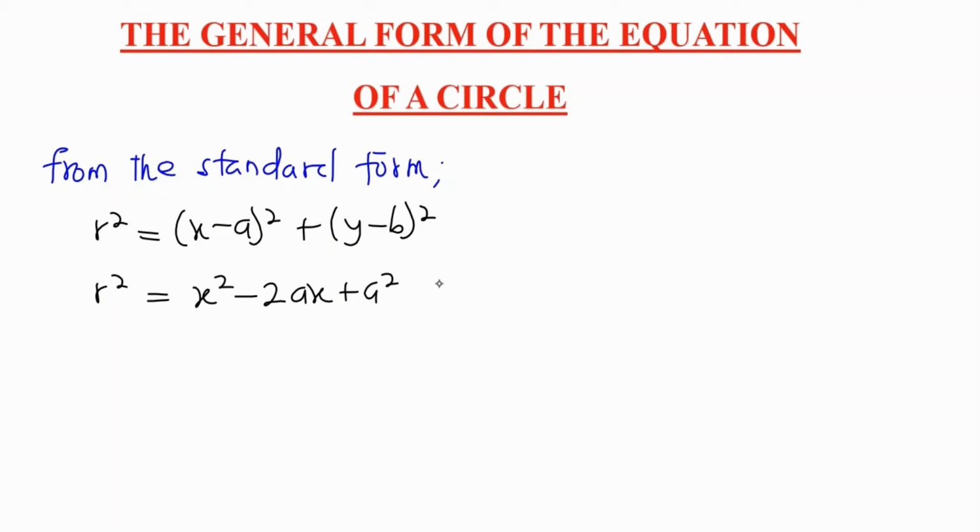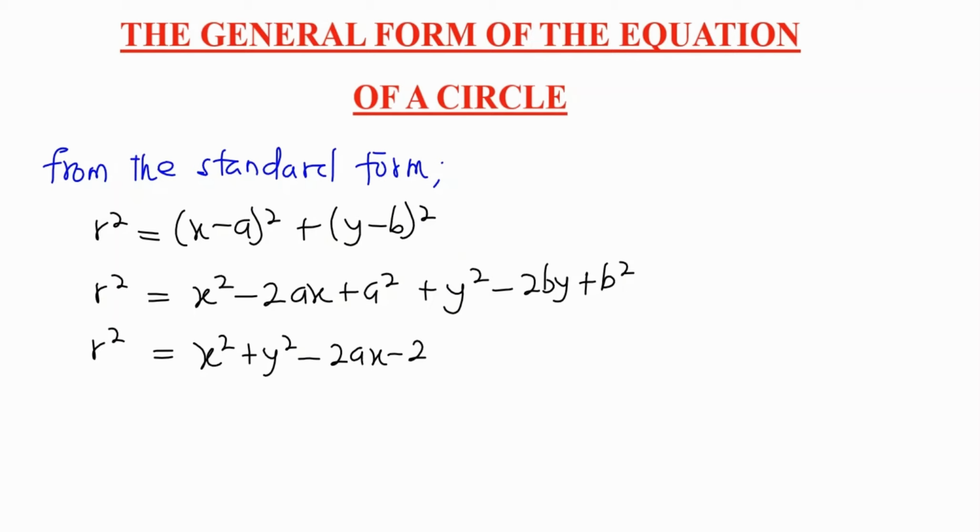And we come to the expansion of Y minus B all squared. Then we have Y squared minus 2YB. So that can be BY. That is the correct order. So that is minus 2BY. And we have here B squared. Now we can rearrange them, and we have X squared plus Y squared, minus 2AX and minus 2BY, and also plus A squared plus B squared.